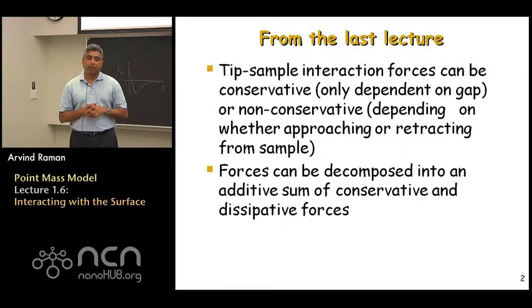The conservative part of the tip-sample interaction can be regarded as being only a function of the tip-sample gap, without any dependence on which direction the tip is moving in or the velocity it's moving with. All that matters to determine the value of the conservative interaction force is just the gap between the tip and the sample.